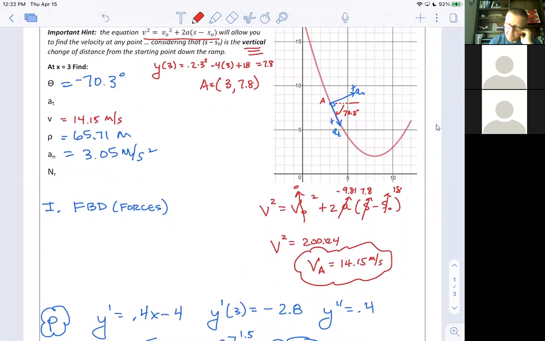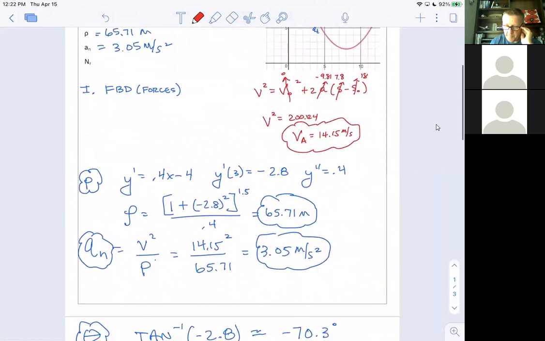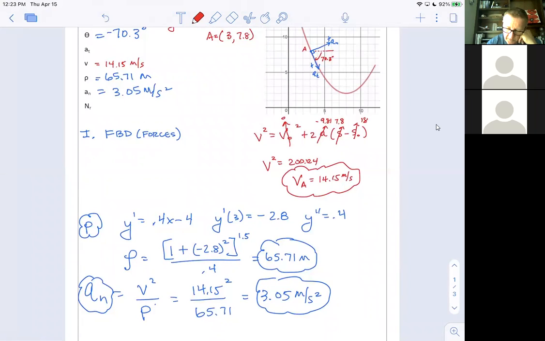I only have 2 things left I have to figure out. And for these, I am now, for the first time, actually going to need the free body diagram because this is where I've got to get all the forces involved. And so again, just so that I can get you guys out of here on time. Do you understand that I would have gravity going in this direction, straight down, but more importantly, I've got the normal force of the run pushing against me, and that's it for those 2 forces.